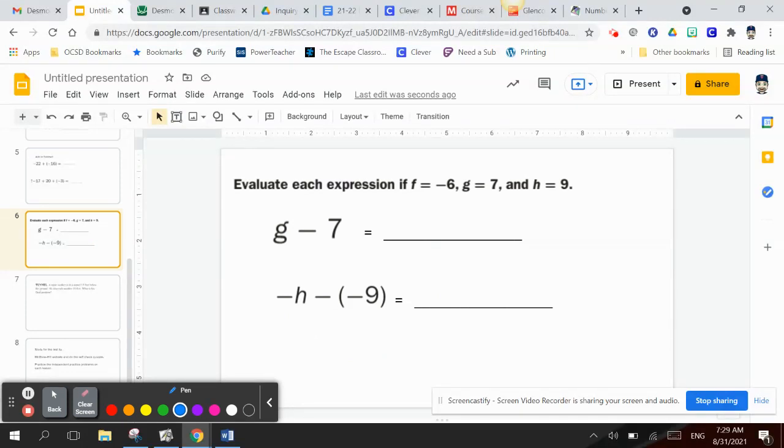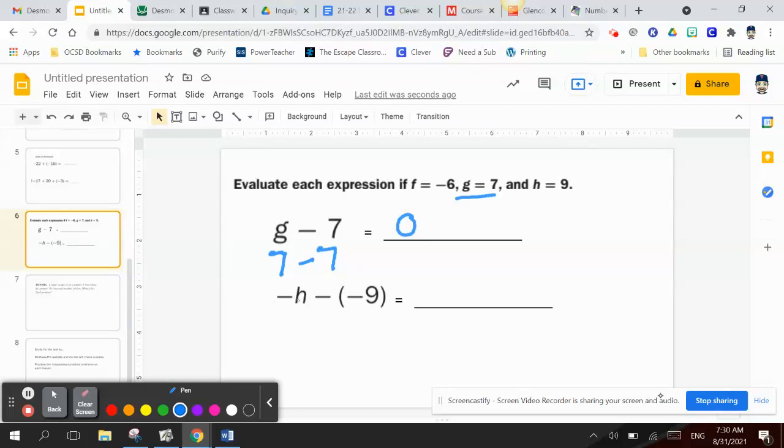So we evaluate each expression if f equals -6, g equals 7, and h is 9. G is 7, so I take out my variable, I put in that value, so g is 7. So 7 minus 7 is 0. H is 9.